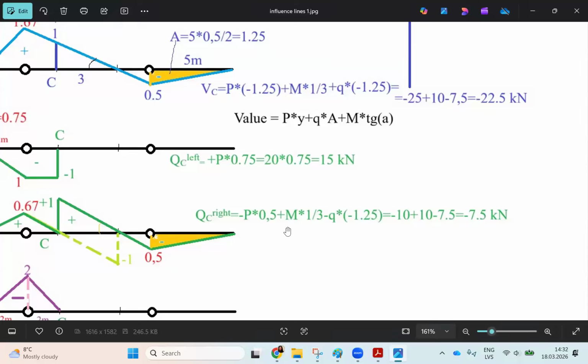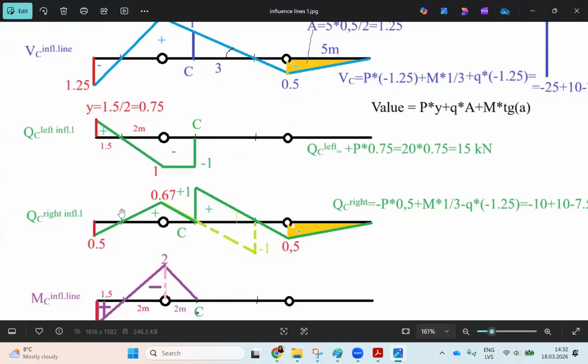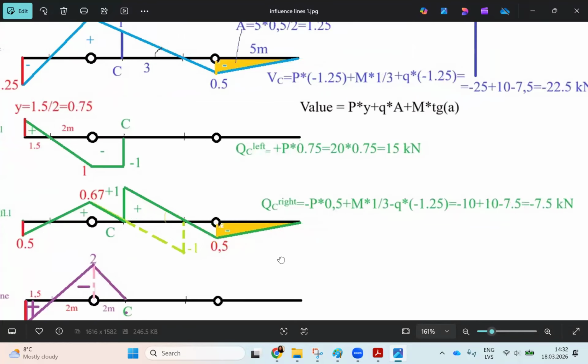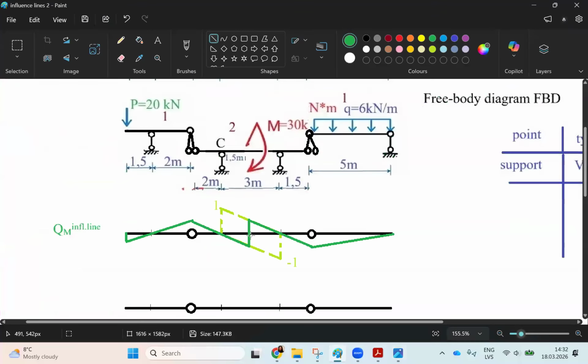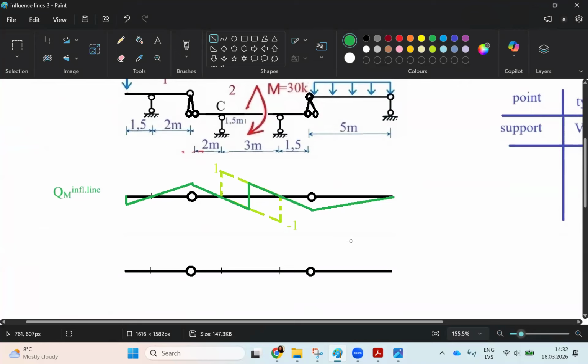I just verified with the answers for diagrams in a normal way with the static equations. There should be -22.5, or how it looks now, it's 27.5. But it looks like this, and nothing changes in between. Yeah, it's the same. I will not calculate, I think.